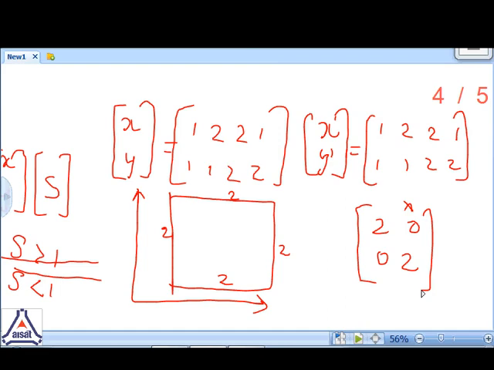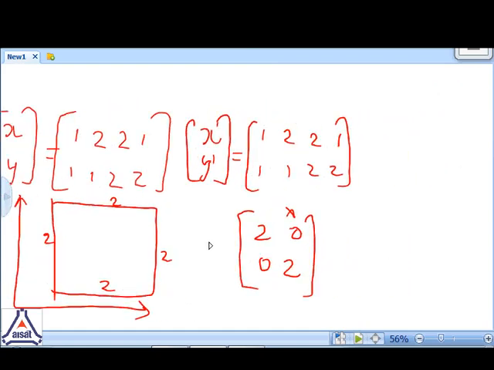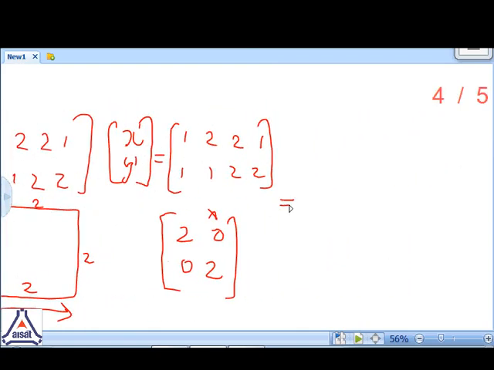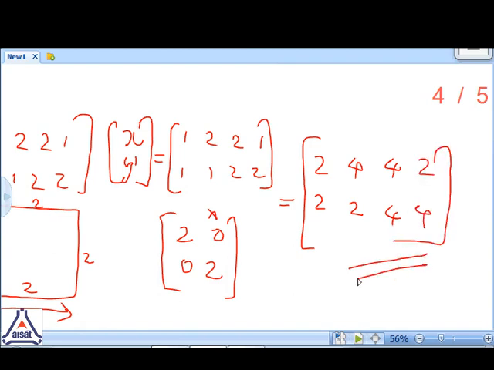We are going to double the size, so we use 2 0 0 2. Then after the multiplication we will get 2 2, 4 2, 4 4, 2 4. So these are the final coordinates of the resultant matrix.